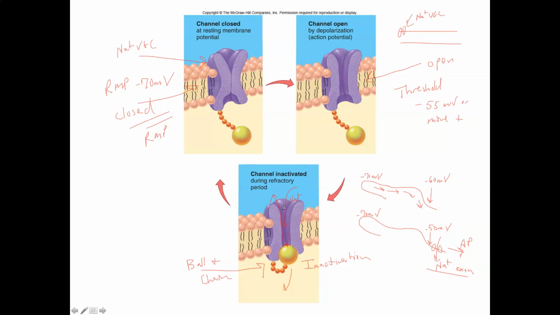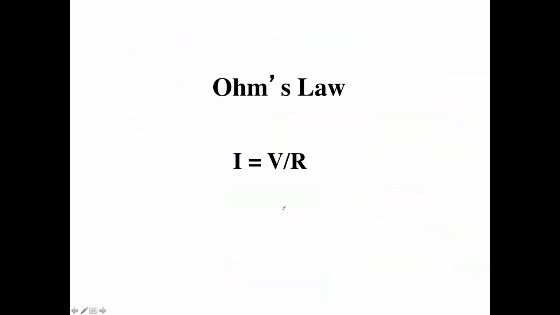As you continue to look at the nervous system, you need to understand Ohm's Law. And Ohm's Law looks at current as it relates to voltage and resistance. So I is the current. So in terms of electricity, we look at current.